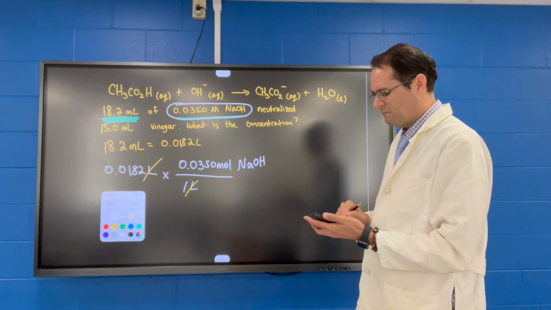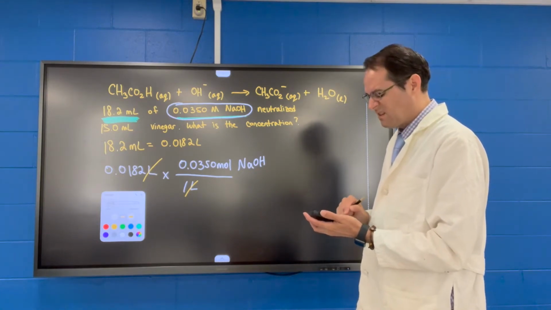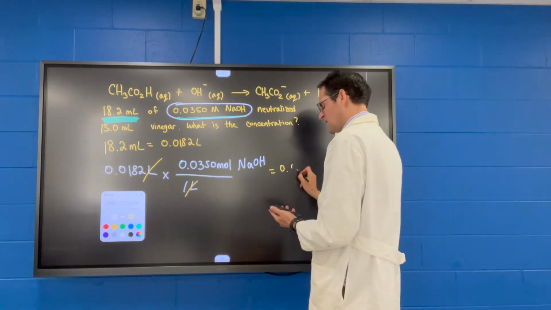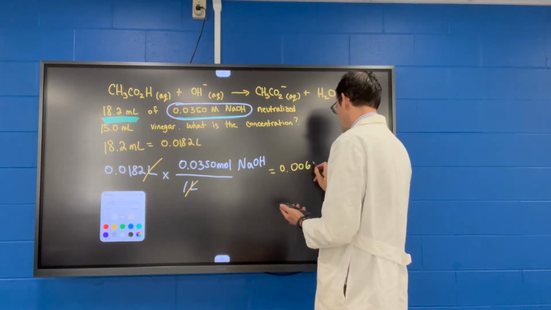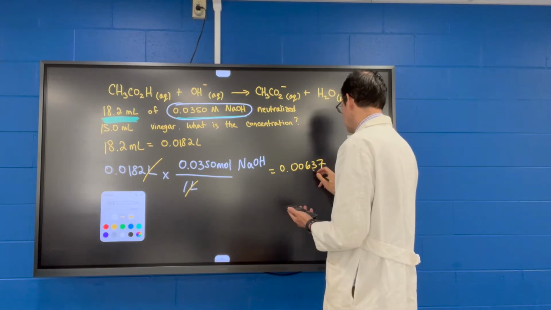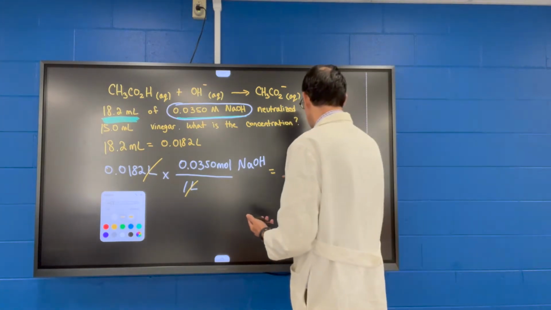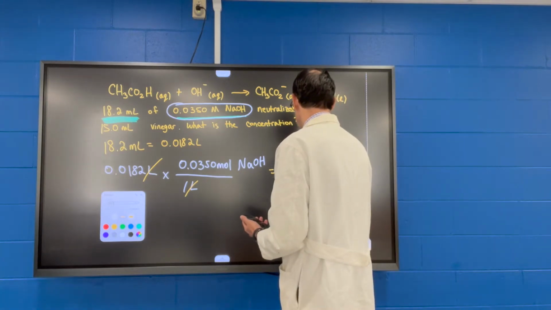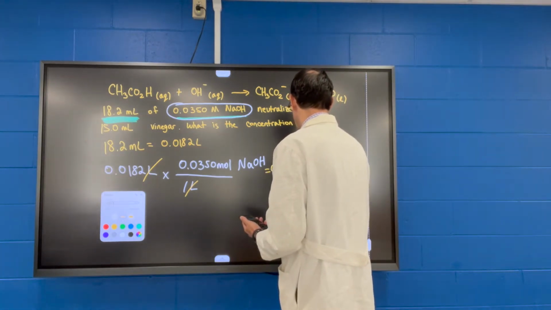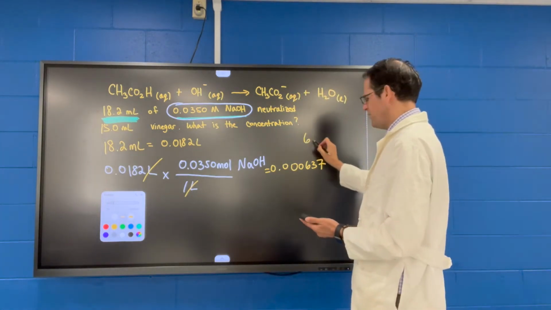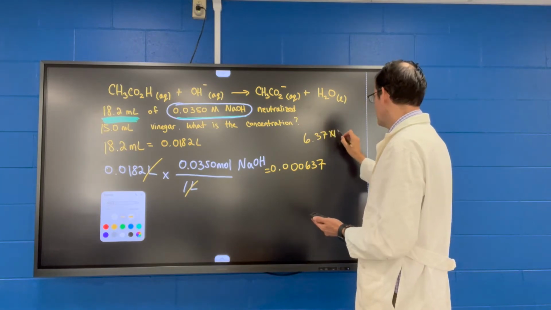I'm getting scientific notation. I'm getting 6.37 times 10 to the minus 4.